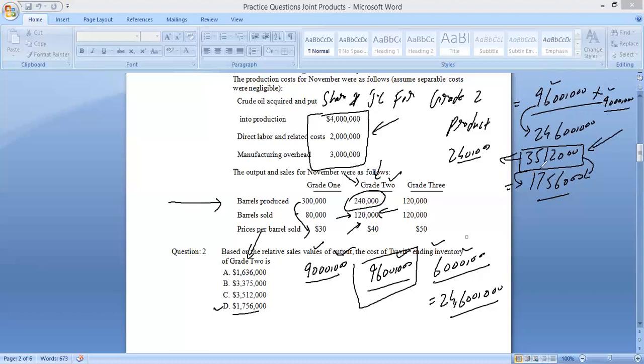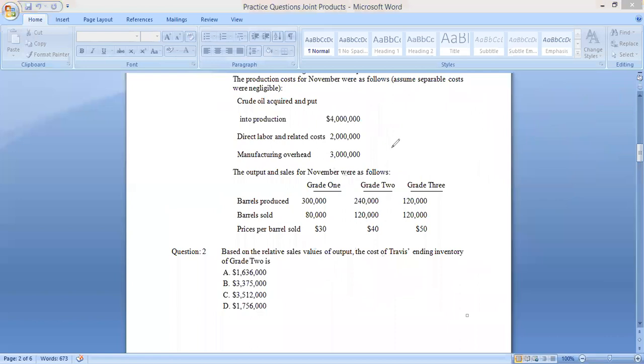Like that, I got the total share of joint cost for grade 2 product. But in the question, he asked for the ending inventory. Half of the product was sold and half went to ending inventory, so we made the total share of joint cost half. Students, if you have any confusion about this question, you can ask in the comment section. We will move to another question.